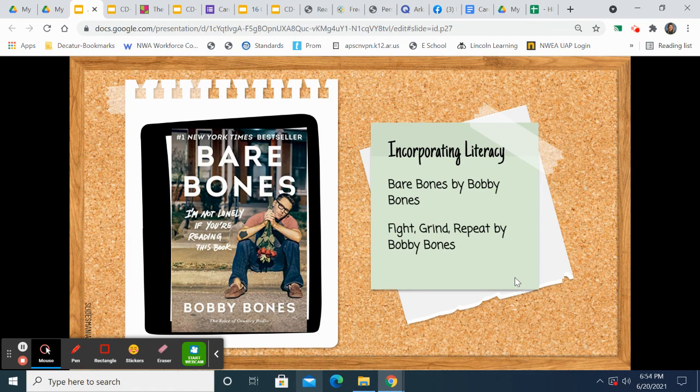So what I have them do is I read out loud the only 2 of Bobby Bones' books. If you don't know who Bobby Bones is, he's a country radio personality, and he is actually from Mount Ida, Arkansas, and he grew up in poverty in a very diverse living situation, and that is very similar to the backgrounds of the majority of my students.